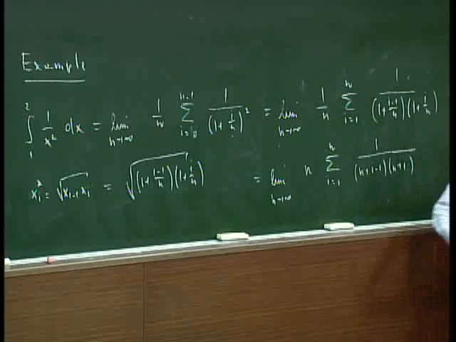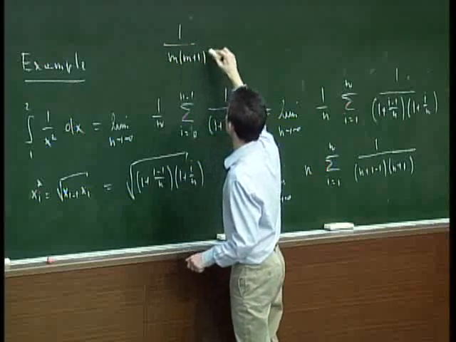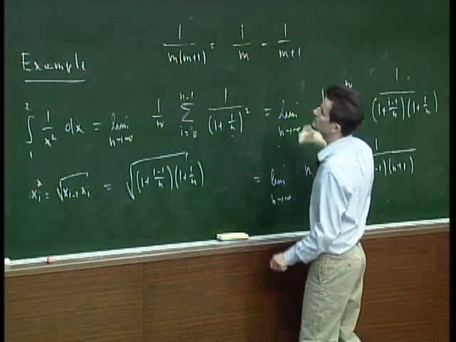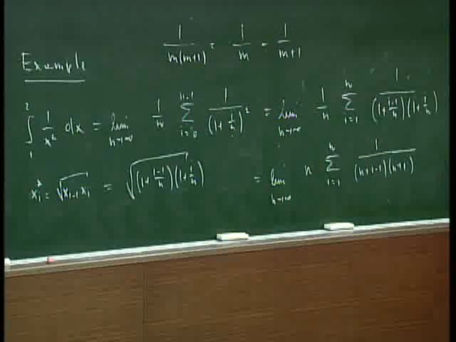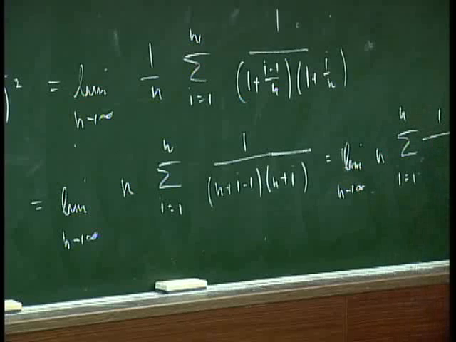Now you observe that 1 over m times (m plus 1) is equal to 1 over m minus 1 over m plus 1. So you plug this in here, and you get the limit n tends to infinity of n times, and this sum you can divide into two parts.